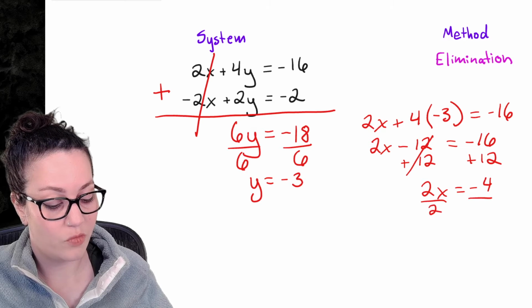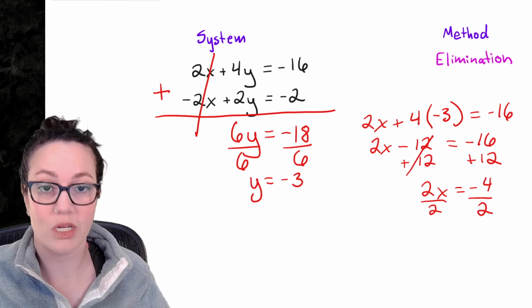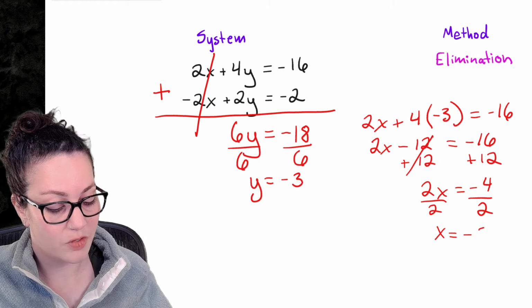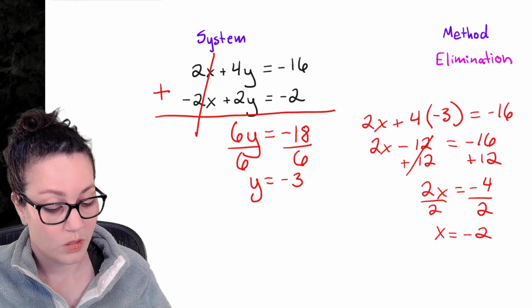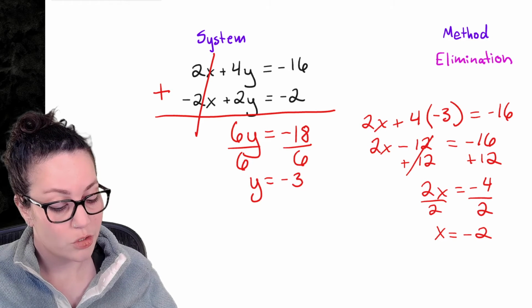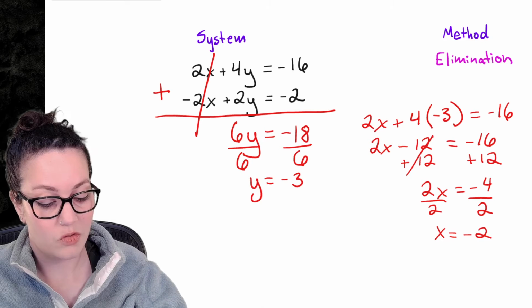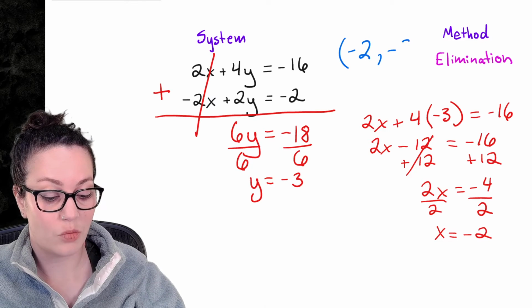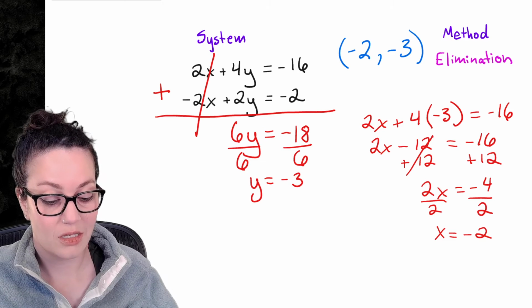In this case, the coefficient is 2, so I divide both sides by 2, and I get x is equal to -2. So now we're pretty sure that our solution to this system is -2, -3, right? X, then y.